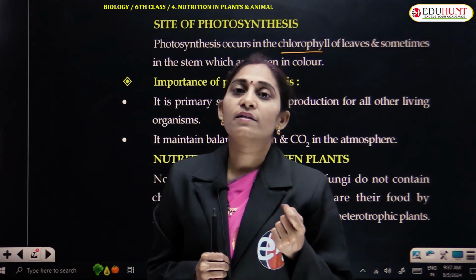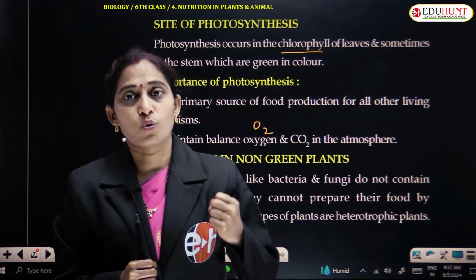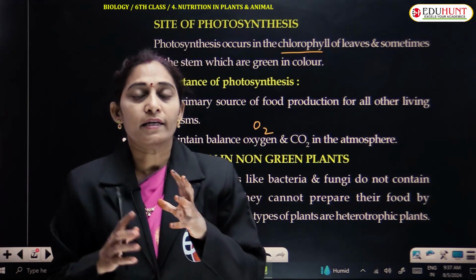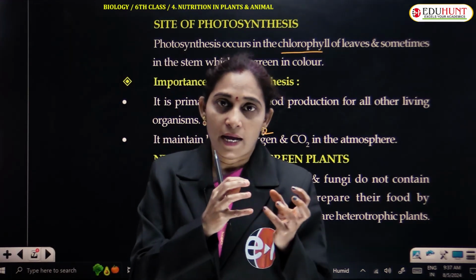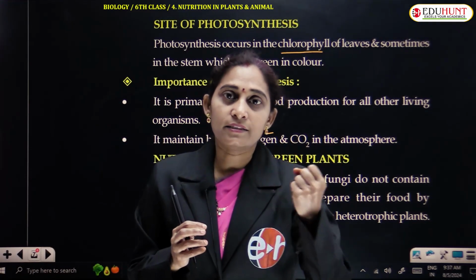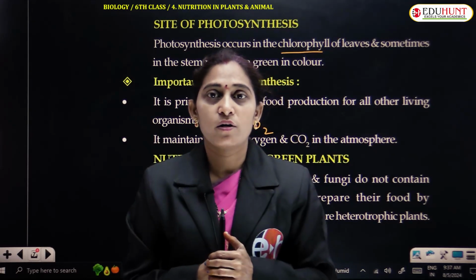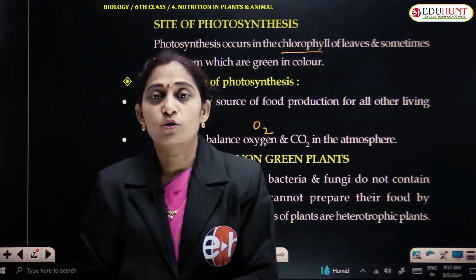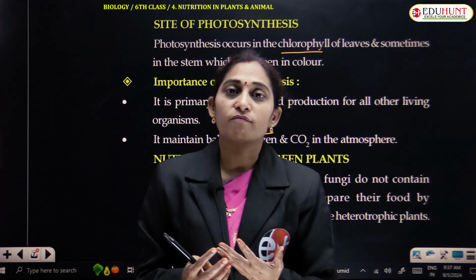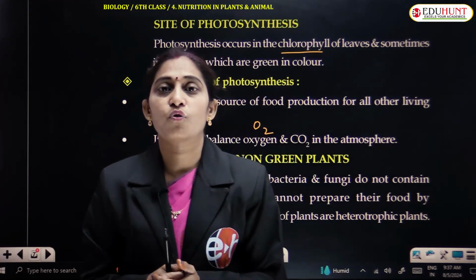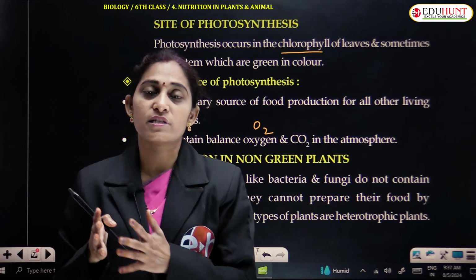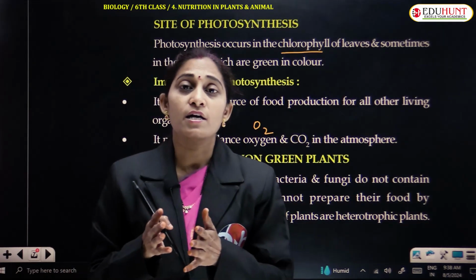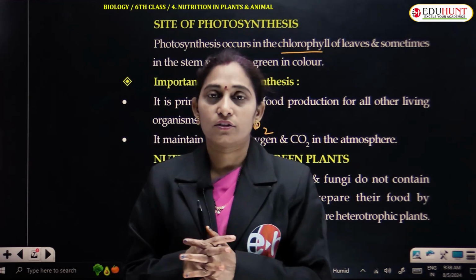In the light reaction, light gets trapped by the chlorophyll molecules, and then in the dark reaction, the energy trapped by the chlorophyll molecules is utilized in joining CO2 and H2O to produce glucose or carbohydrates. That happens in the dark reaction.